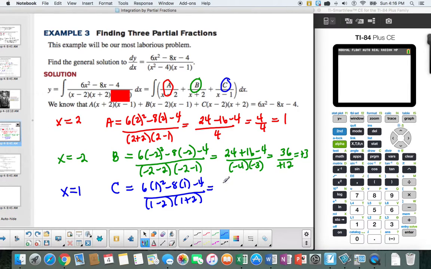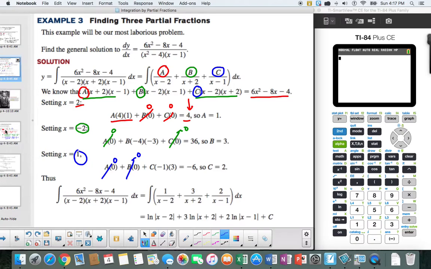So that's going to be 6 take away 8 take away 4, all over negative 1 times 3. So that's going to be negative 6 all over negative 3, which is equal to 2. And let's take a look at if we got 2 before. Yes, we got 2 before.